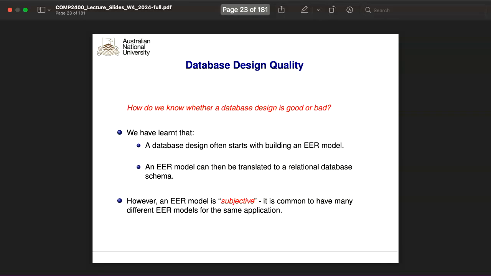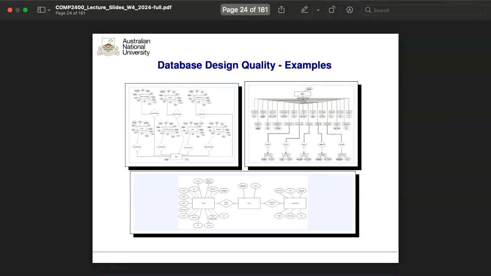So the problem is here, because we are all different, conceptual modeling is subjective. If we are given the same application scenario and the same data requirements, because we are different, we may come up with very different solutions. Here are examples.